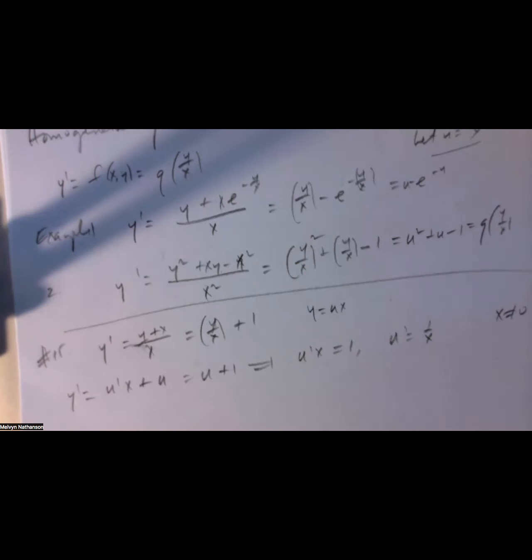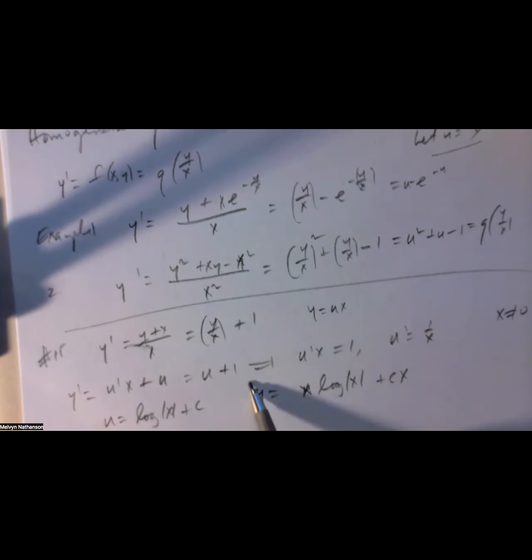That means u is log x plus a constant. So y is u times x, which is x log x plus c times x. That's the solution.